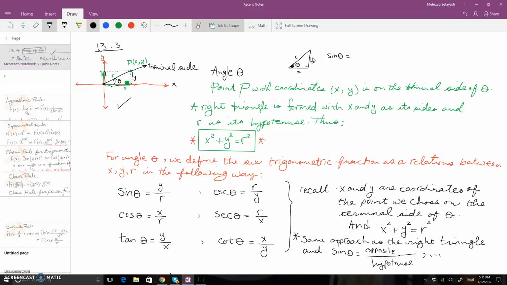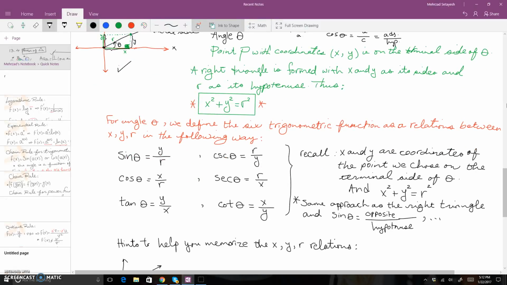Opposite to theta would be side B over C, but it's just opposite side over hypotenuse. Cosine of theta, we said, is adjacent over hypotenuse. Adjacent to angle theta would be this side A, and hypotenuse we labeled as C. But this is nothing but adjacent side over hypotenuse, and so forth. So this was just a quick reminder for you. It's exactly the same thing here.